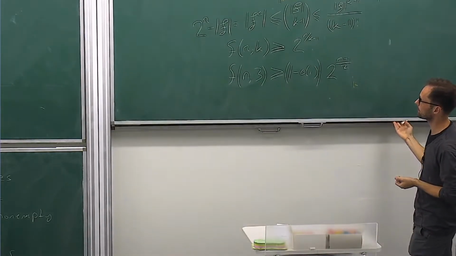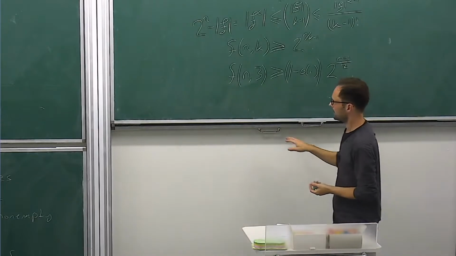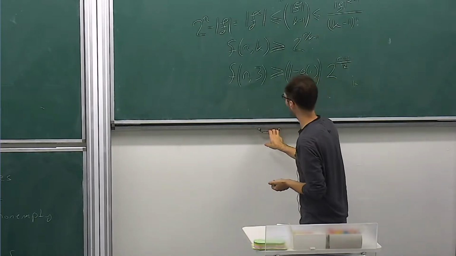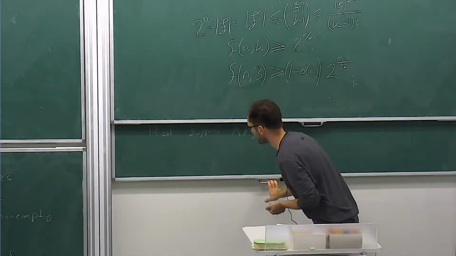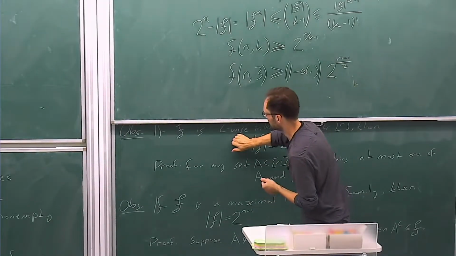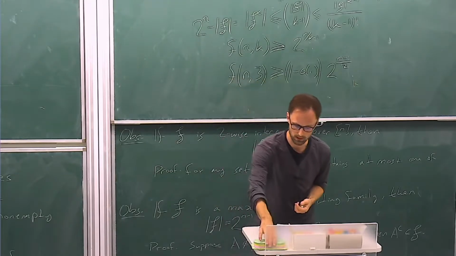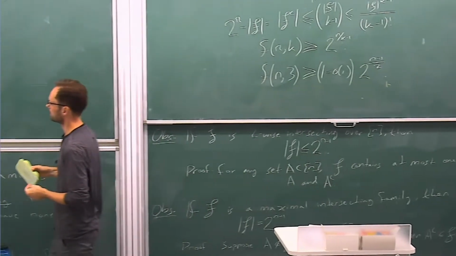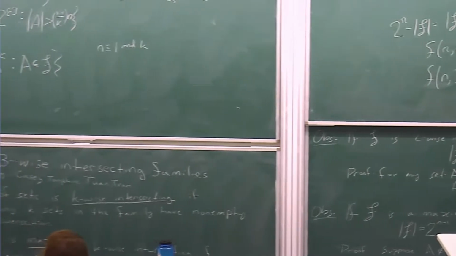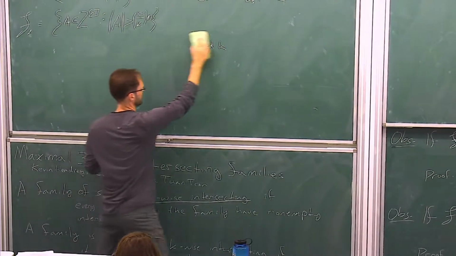So that's some non-trivial lower bound. And it's almost tight for the case k equals 3, or at least you'll see it's not too far off for k equals 3. Let me give the example.